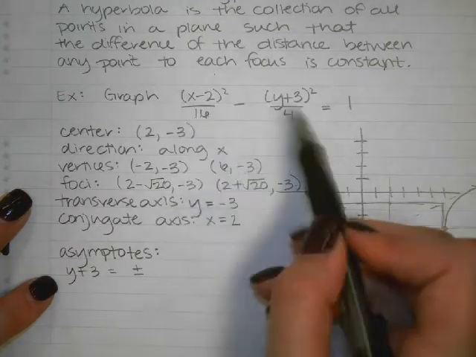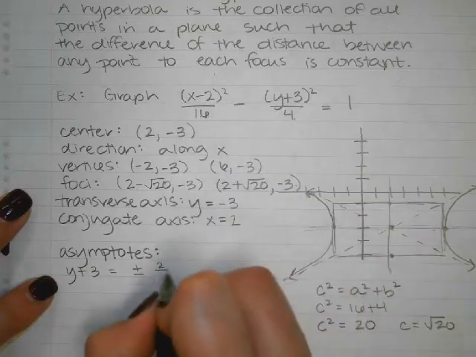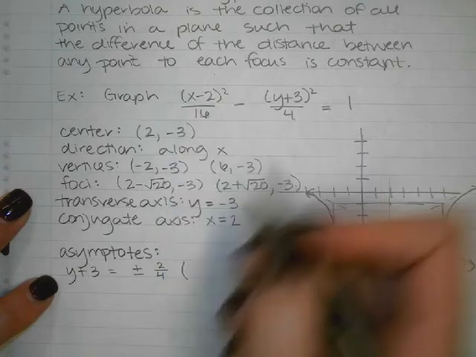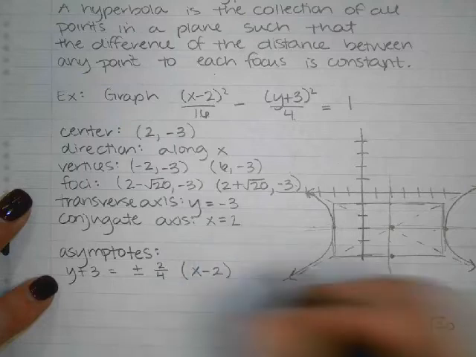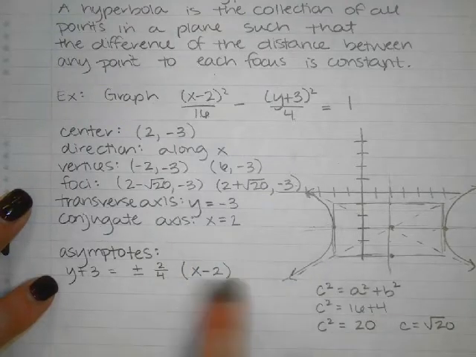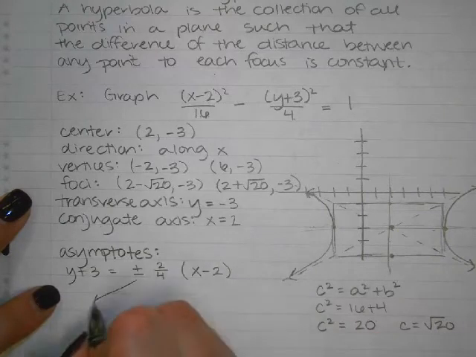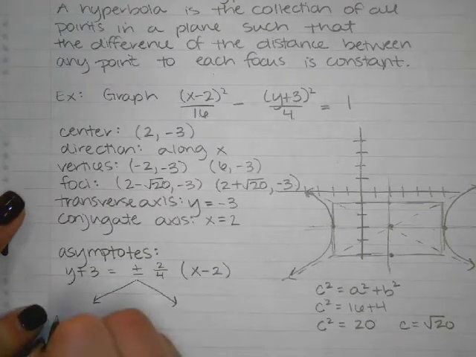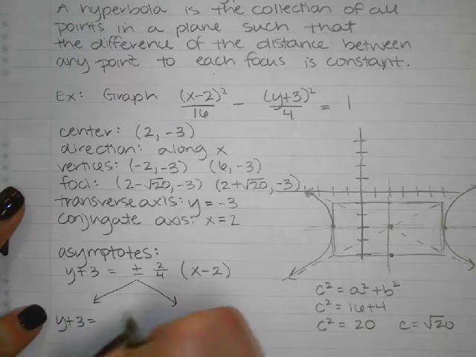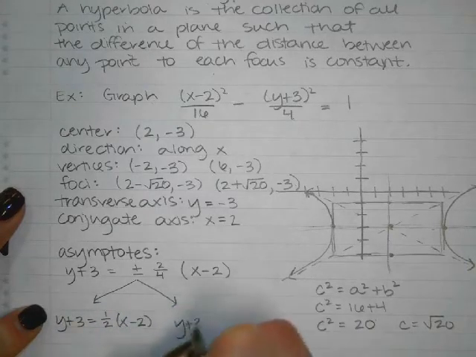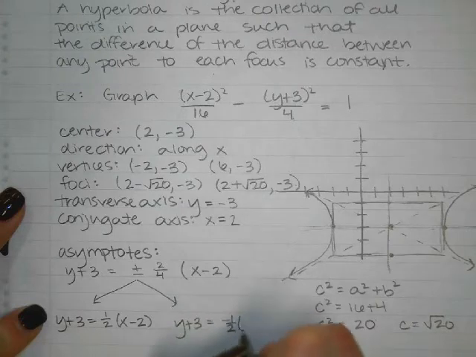You'll notice that I'm square rooting those. 2 divided by 4, and then I take my x parentheses. Now, once I have this written down, I do have a plus minus, so I'm going to go ahead and do this twice. Once for the plus, once for the minus. So positive 1/2, negative 1/2.